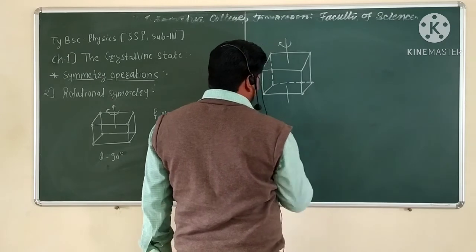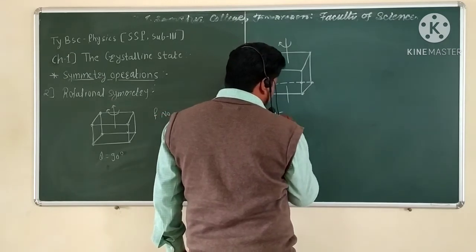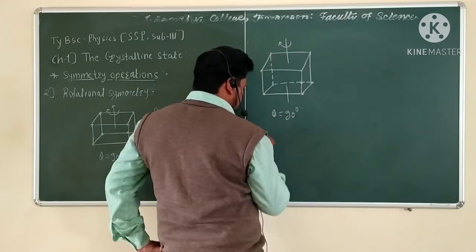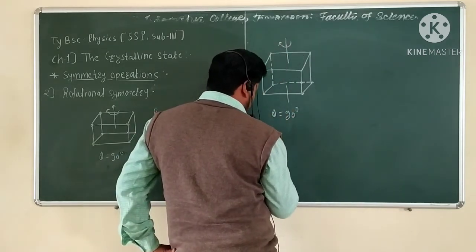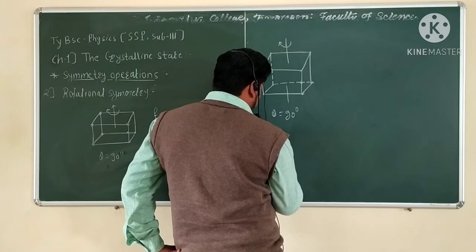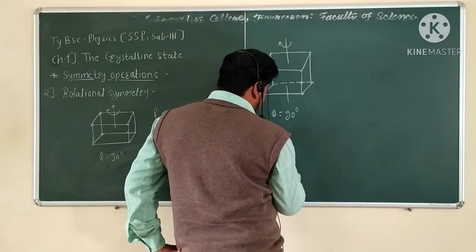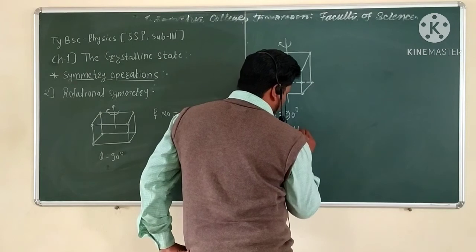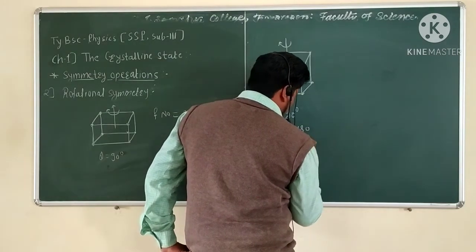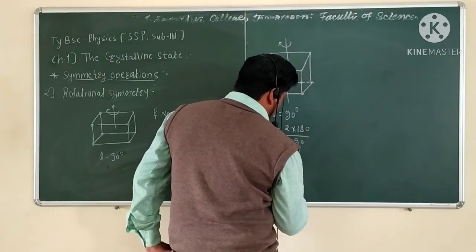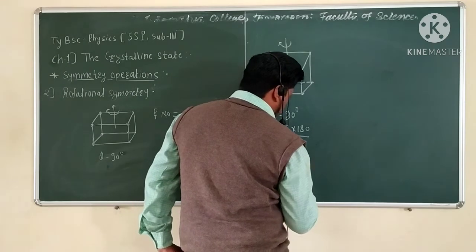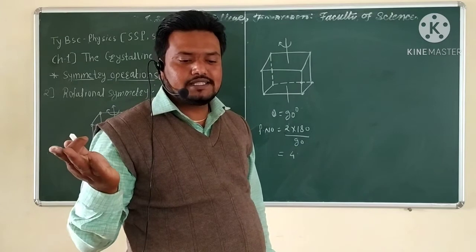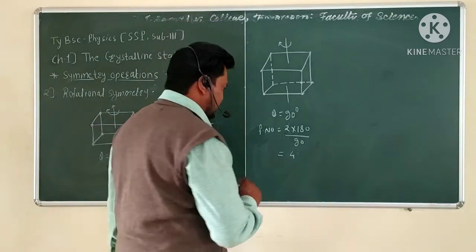Okay, so if we take theta equal to 90 degrees, the fold number is given by 2 into 180 divided by 90, which is 4, and that's why we say that it is a four-fold rotation axis.